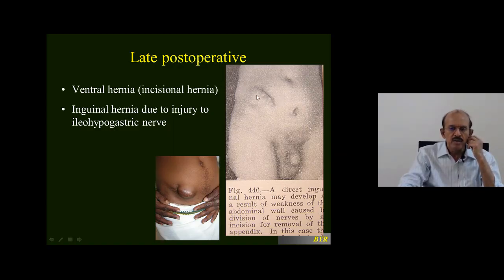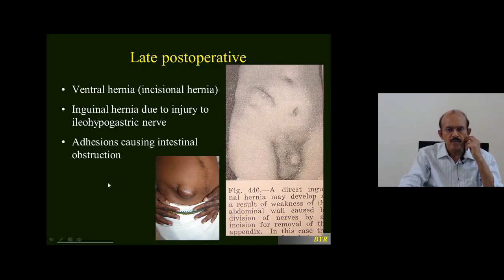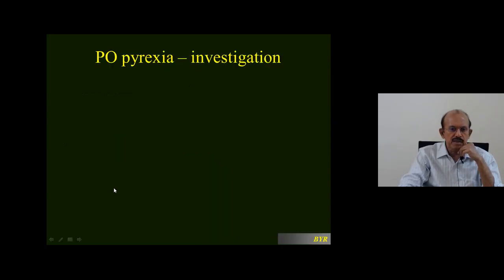So when you are doing surgery, sometimes you may cause injury to these nerves. So injury to these nerves will produce weakness of the conjoint tendon. So that causes weakness of the inguinal canal posterior wall, resulting in hernia. Postoperative adhesions may cause acute intestinal obstruction.